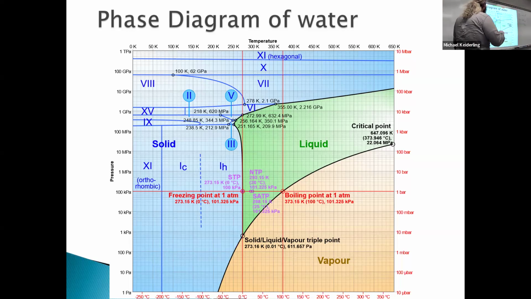These interesting ones up here are all above 1,000 times atmospheric pressure. Very high pressures. So the ice we see is just this stuff. So if you do cool it down enough, you can get some interesting changes. But there are a whole bunch of different types of ice. But you don't have to worry about that for this class.